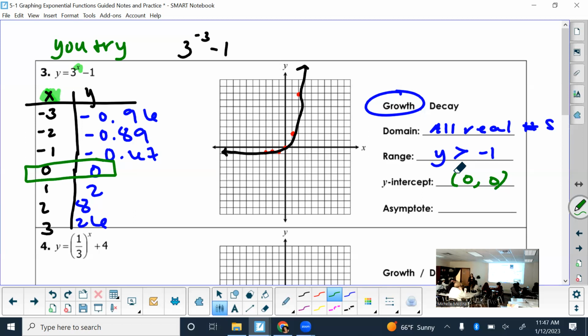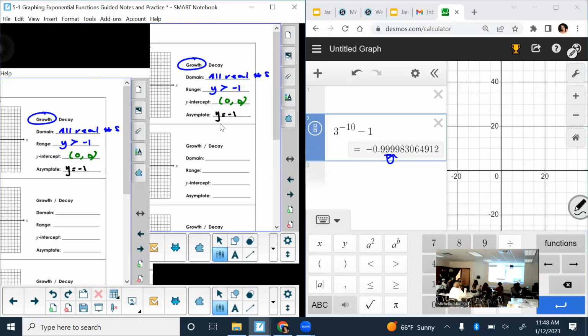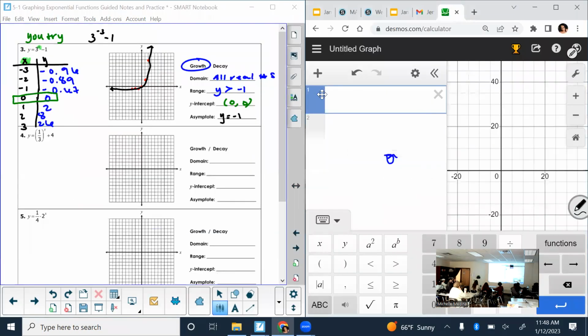The answer: does anyone know it? y equals -1 is correct. All right, so really similar to the range. The only difference is instead of an inequality, we're going to put an equal sign, so that it gives us a line that it gets close to without ever actually touching.